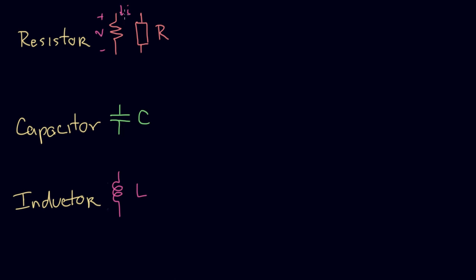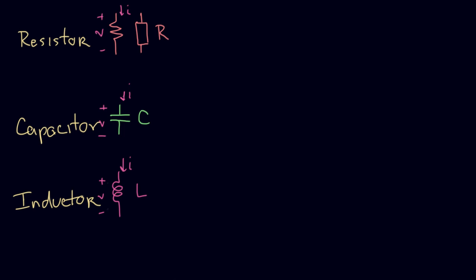I'll just label a little I there, and we'll do it on all these. The current goes into the positive terminal. So that's V on the capacitor, and finally the inductor, and the current goes in. And we're going to be very consistent about this, and that's going to keep us from making mistakes.